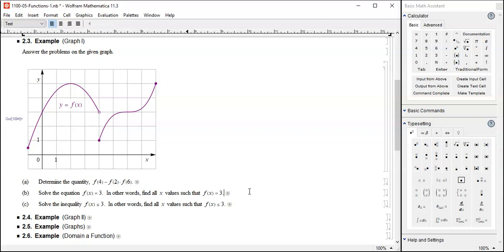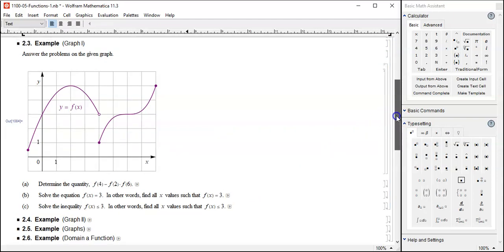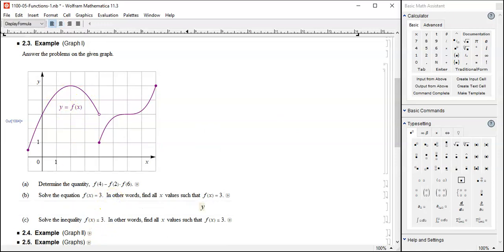Now, what do you mean by that? F of x, what is f of x? F of x is which coordinate? F of x is y-coordinate. So basically, this problem is asking you to get this: y is equal to 3.